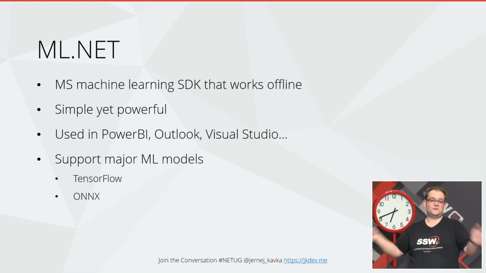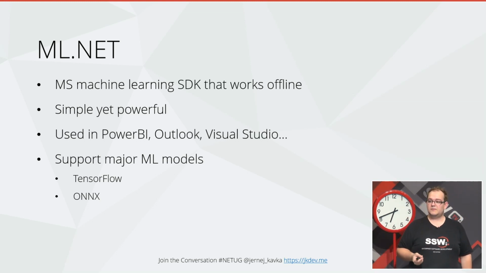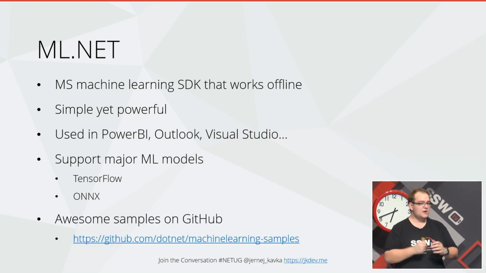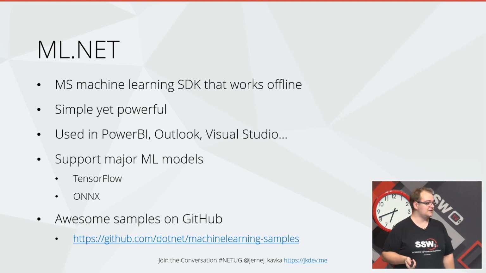So you have a simplified API that uses an existing model, rather than trying to figure out how to implement those more complicated frameworks. And it has one of the most awesome samples I have managed to find on machine learning. That is code, and you can actually modify it and understand what's going on.